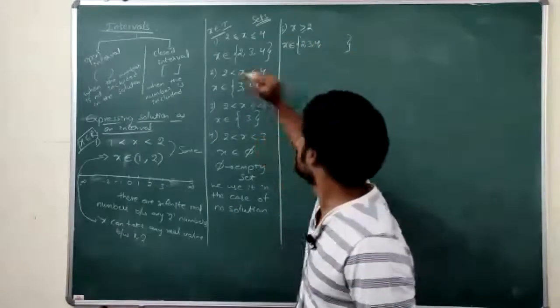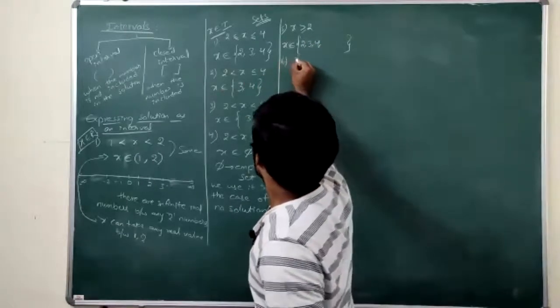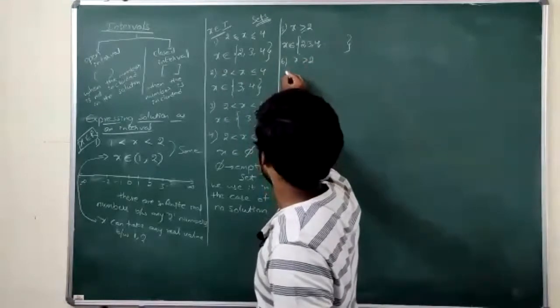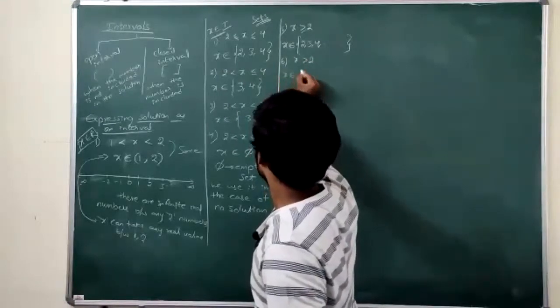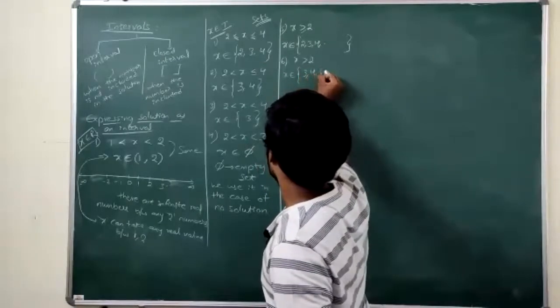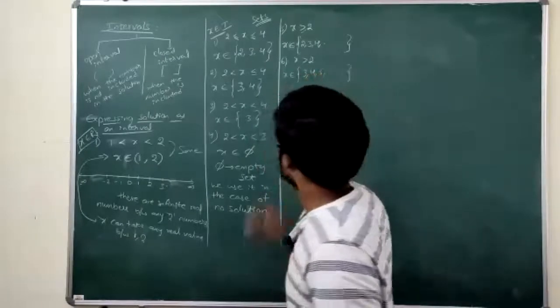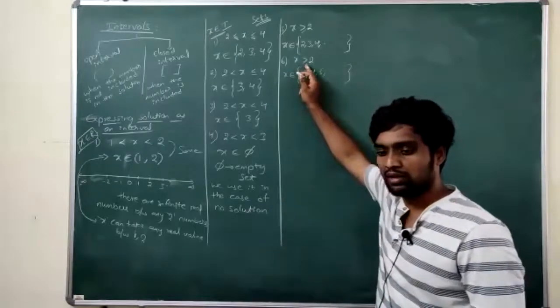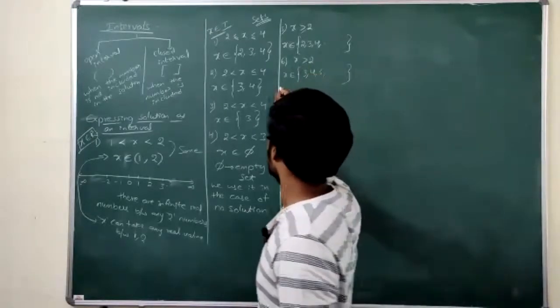And now x > 2. How do you write it? x belongs to {3, 4, 5 and so on}. 2 cannot be included because x cannot be equal to 2.